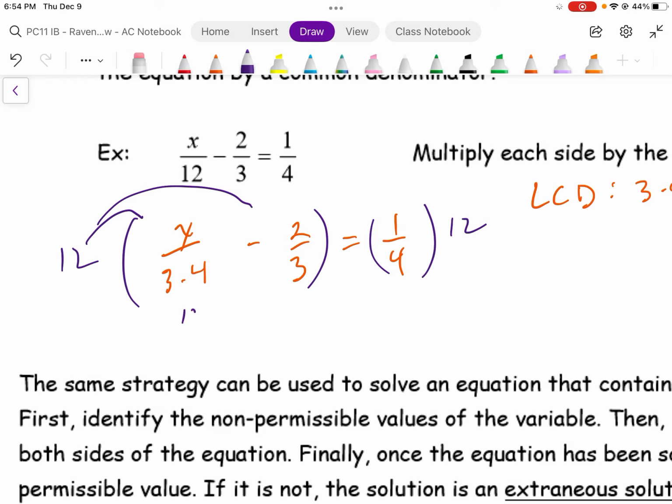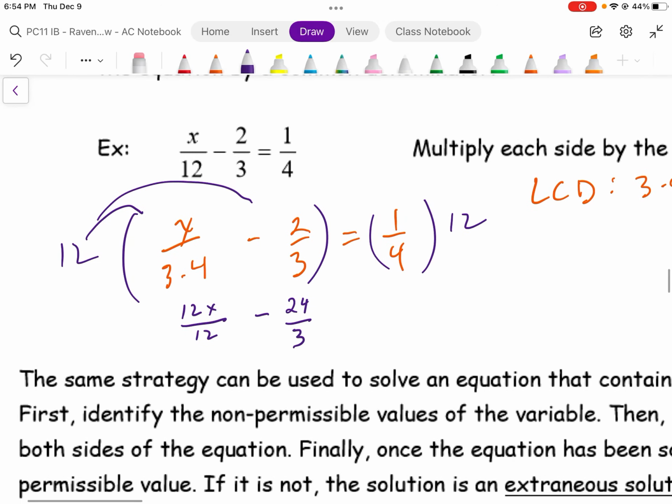So I have 12 times x is 12x, over 12, minus 2 times 12 is 24, over 3 is equal to 1/4 times 12.